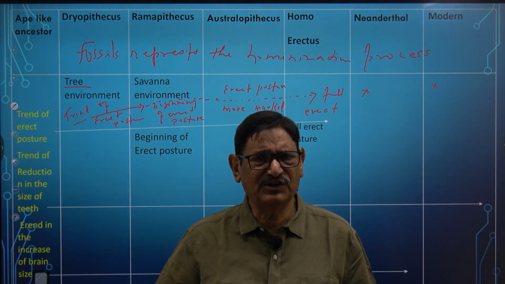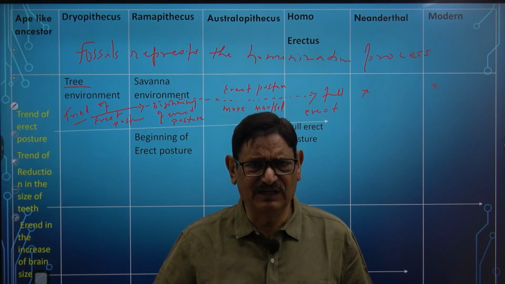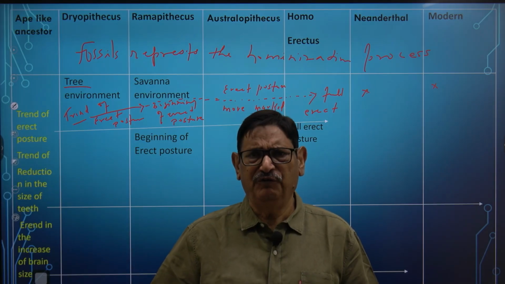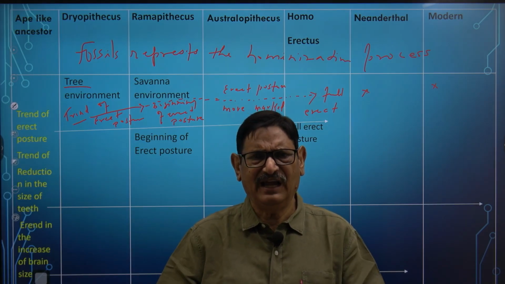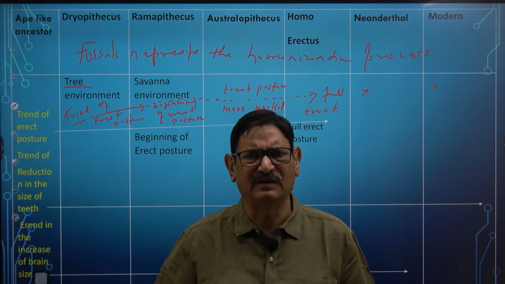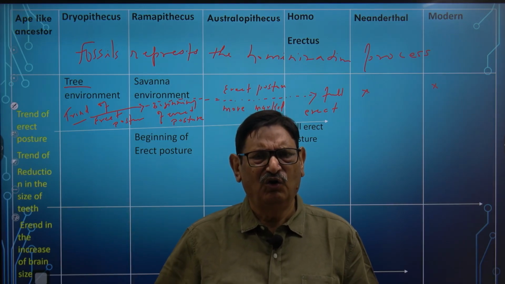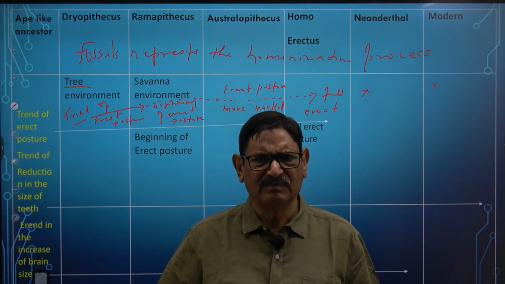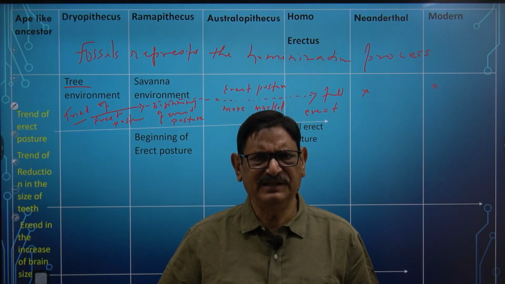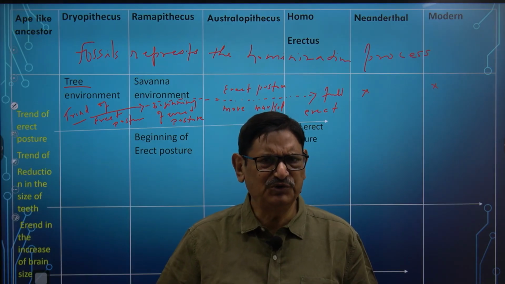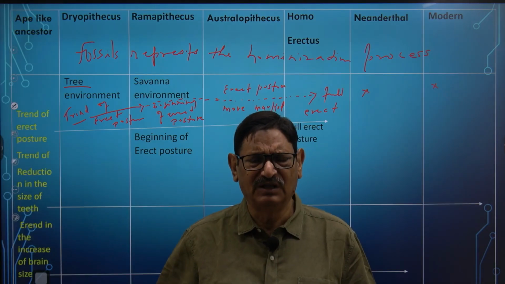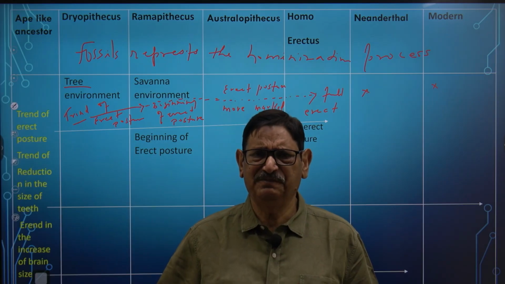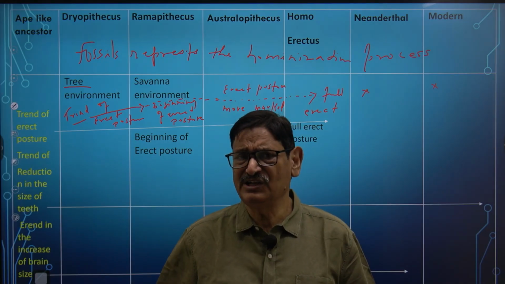This full erect posture laid the foundation of cultural evolution. When we stood erect, our hands became free from locomotion. Homo erectus, and partially Australopithecus, also used free hands to make tools. But whether Australopithecus used tools or not is still not clear.